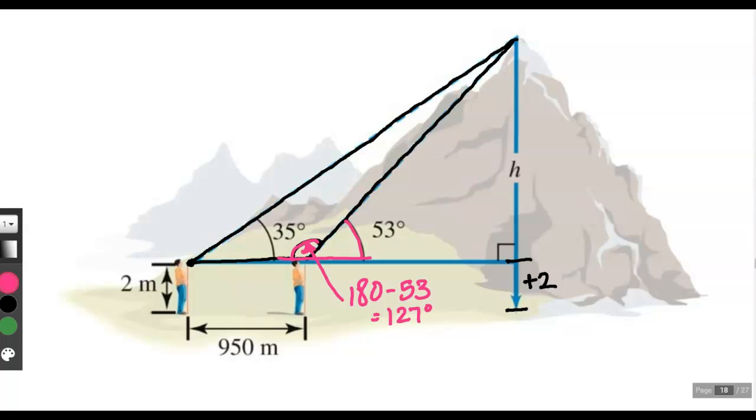Yes, you need to have the angle across from the 950 to use the law of sines. So, how do we find this angle right here? Good, and what do you get? It's a small angle, 18 degrees. Now what?